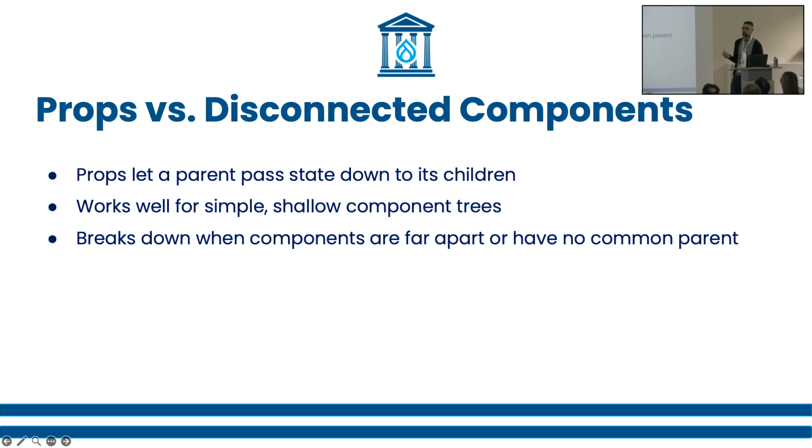Their common ancestor might be the root of the entire app. You would have to lift the state all the way up and thread it down through every component in between, even the ones that don't care about it at all. That's called prop drilling.